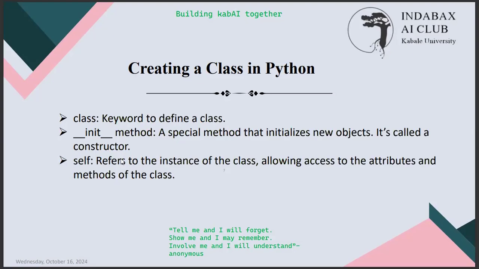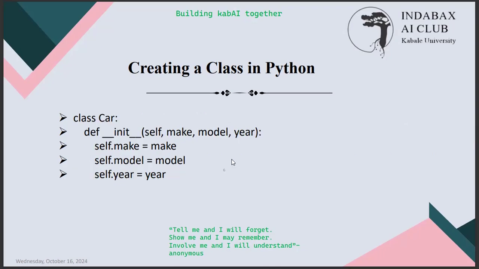Then self refers to the instance of the class, allowing access to the attributes and methods of the class. So when you use self keyword here, you're trying to make the compiler know that when you're trying to create a certain instance of this object, when it meets an attribute make, it should assign it to the parameter make, which is here.